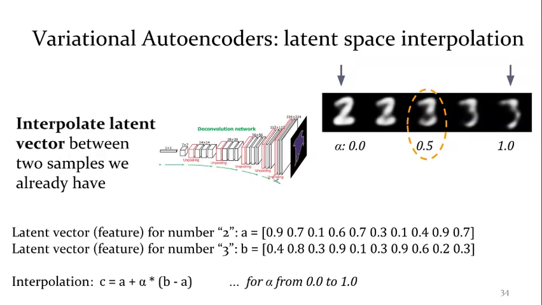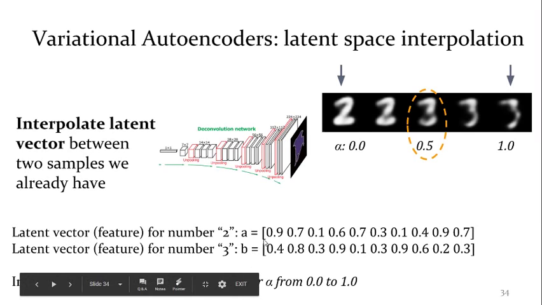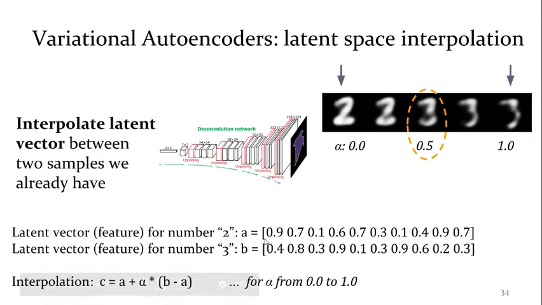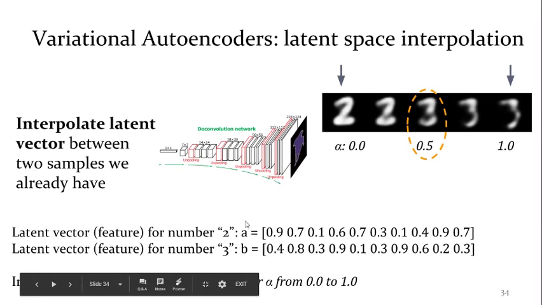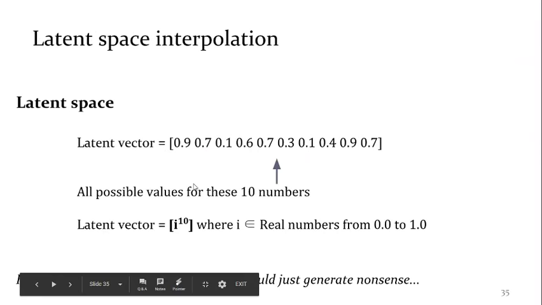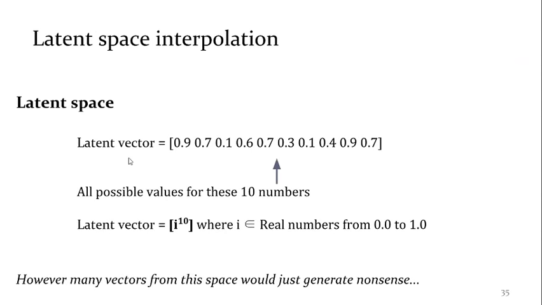We have a latent vector, which in this case is just 10 numbers, but in general it can be 500 or 4,000, depending on whatever the model architecture was. The values of this vector can move around from 0 to 1, and basically there are a lot of possibilities. The space where this one vector can move, all the possible values for it, is called latent space.